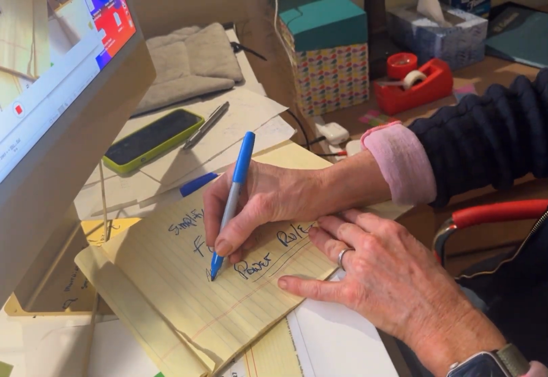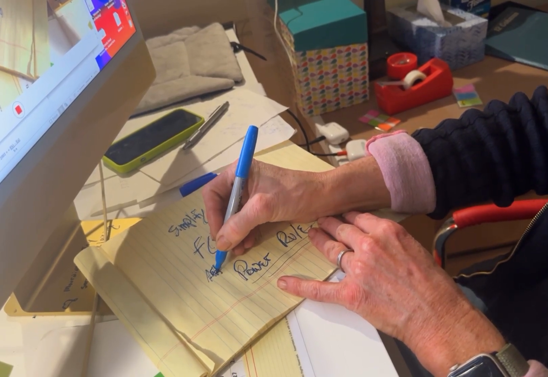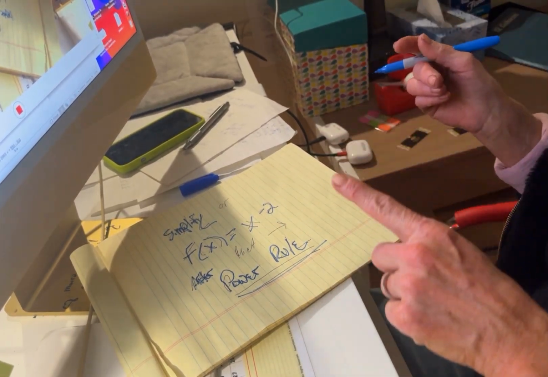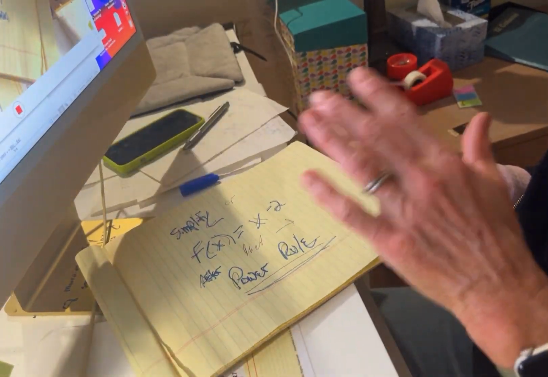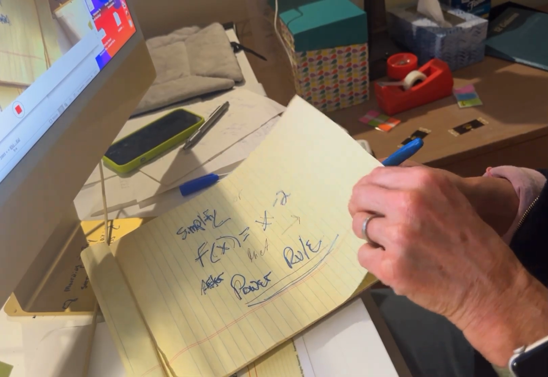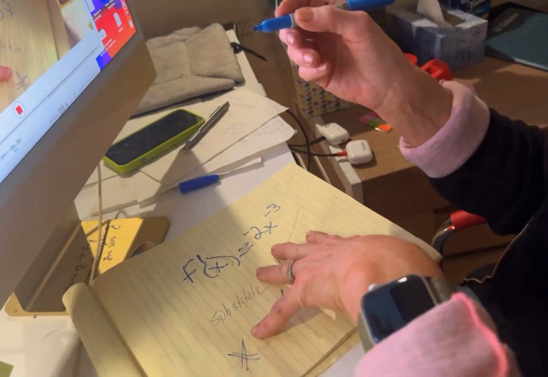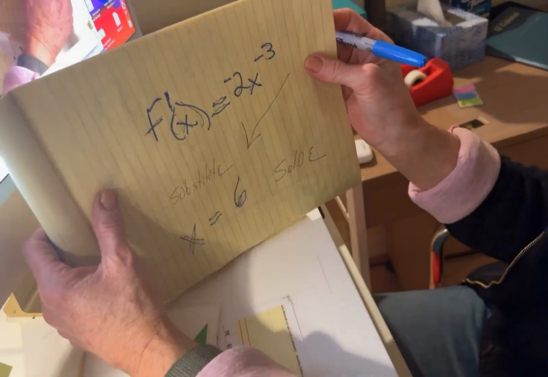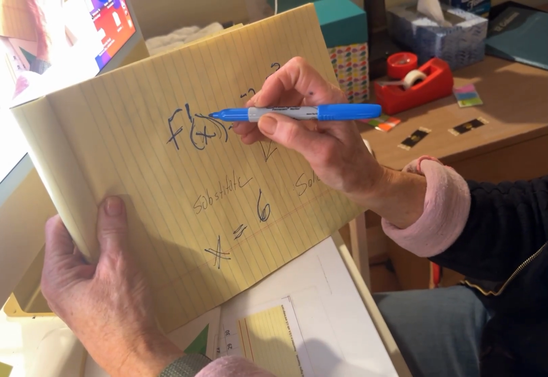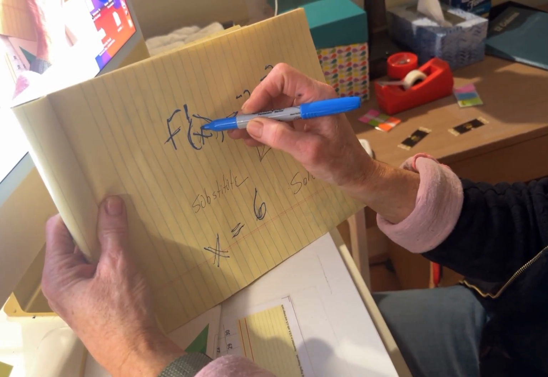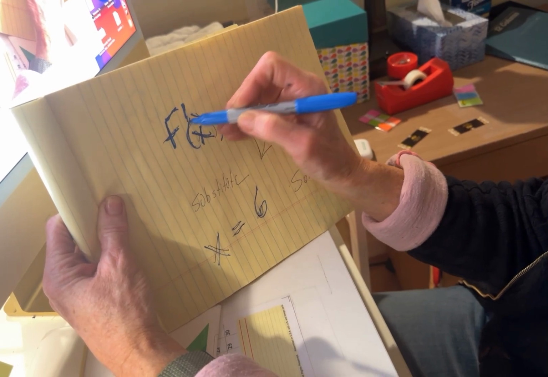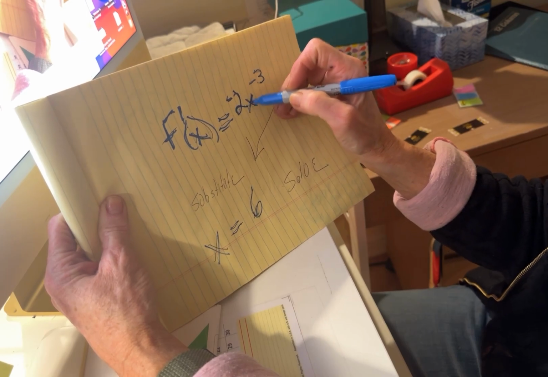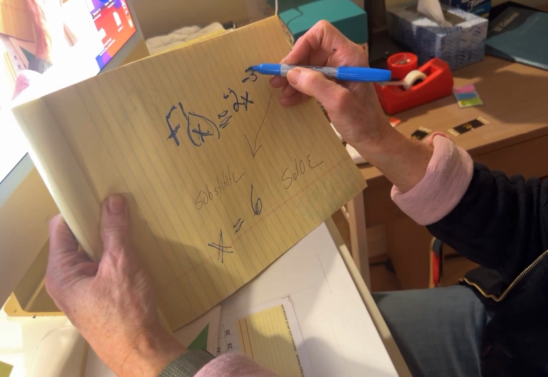After that, we're using something called the power rule, which is kind of cool, to find the derivative. Power rule simply says you take the power and put it in the front and subtract 1, and we get f prime of x equals negative 2x to the negative 3.